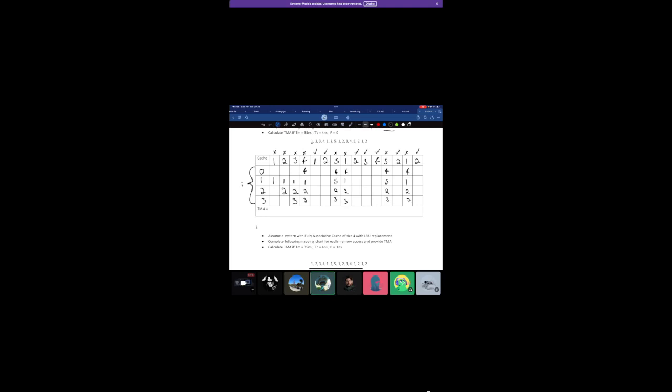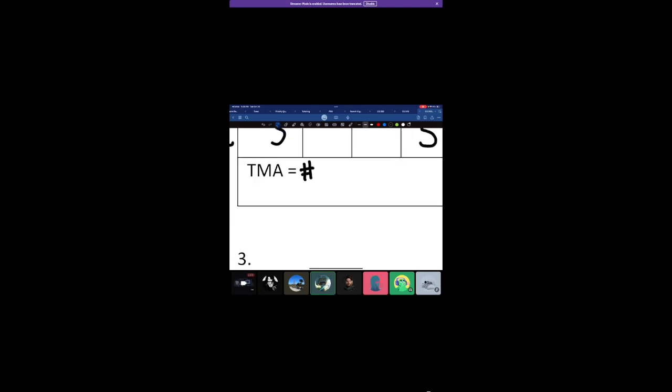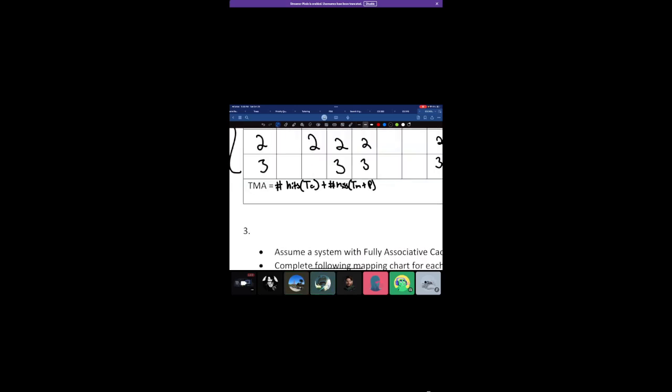Now, in this answer, we also have to get the TMA, which is the number of hits times TC plus the number of misses times TM plus the penalty time.